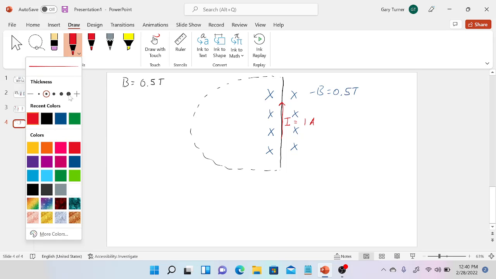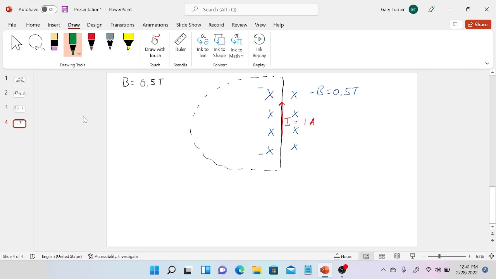And let's say that the length of wire that is in the magnetic field is 10 centimeters, so 0.1 meters, okay?